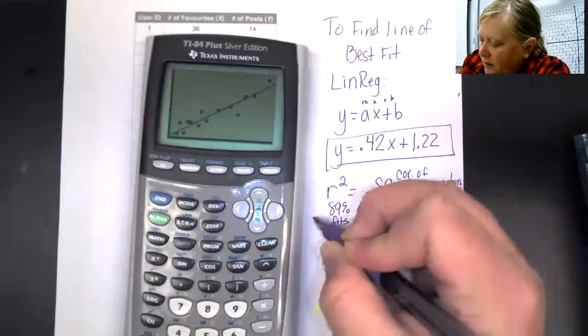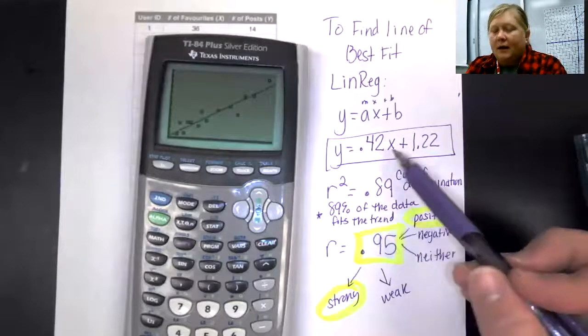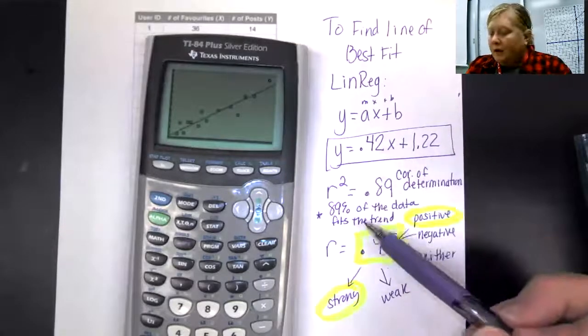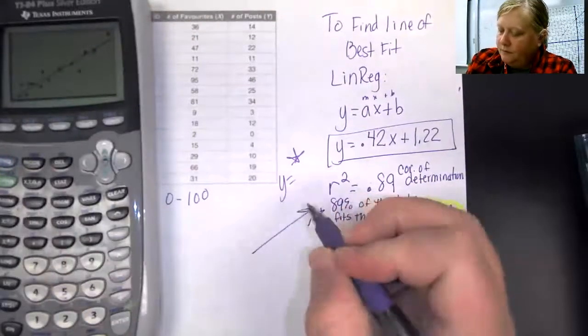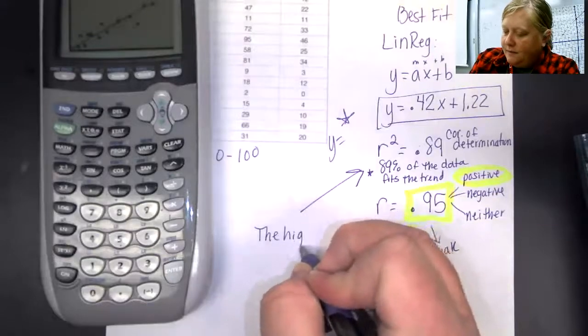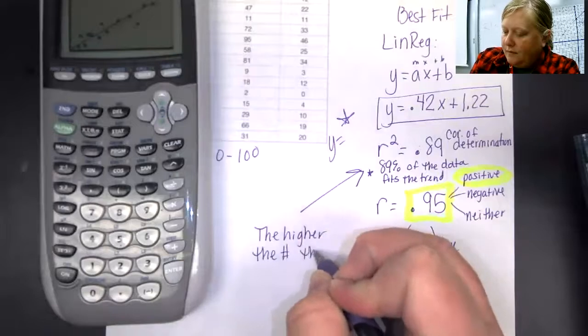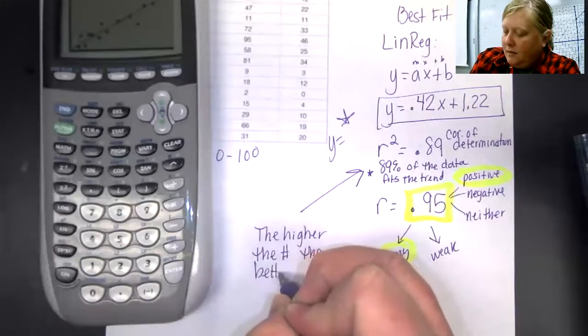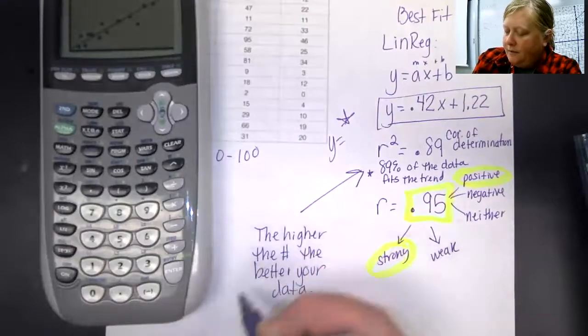Okay. So what does that mean? 89% of our data will fit in this trend line. So the higher it is, the better your data.